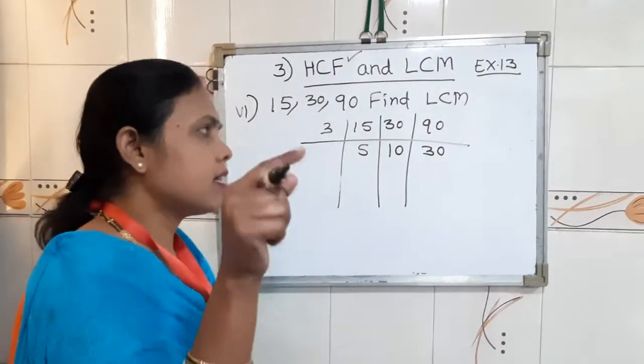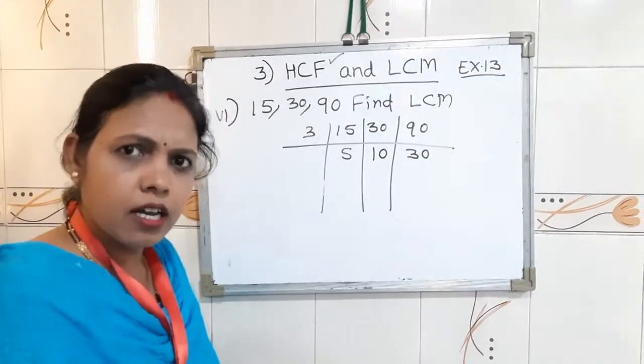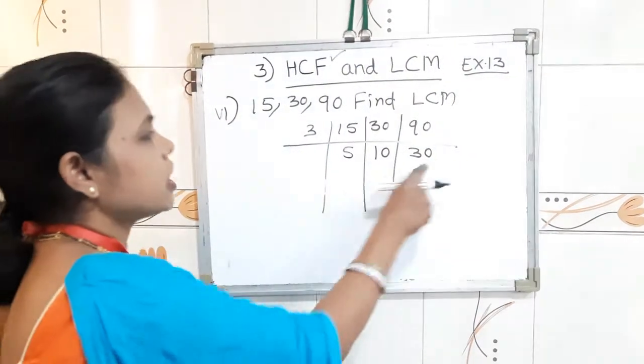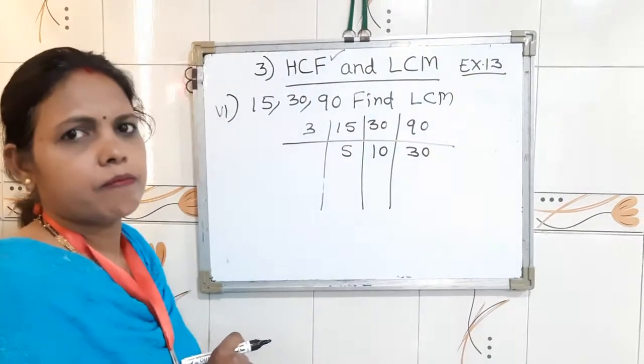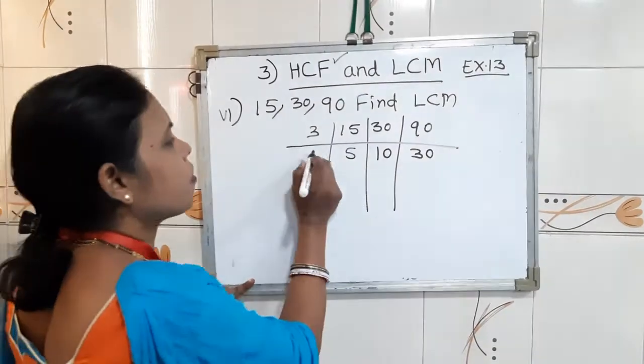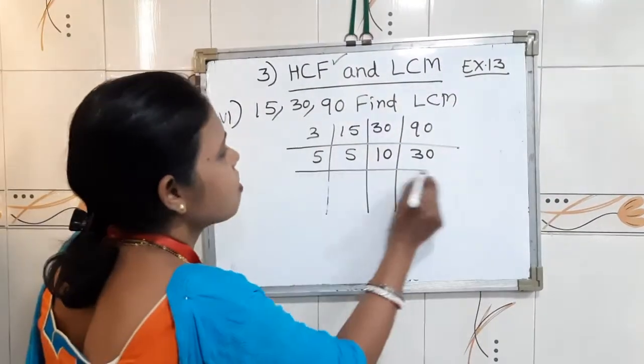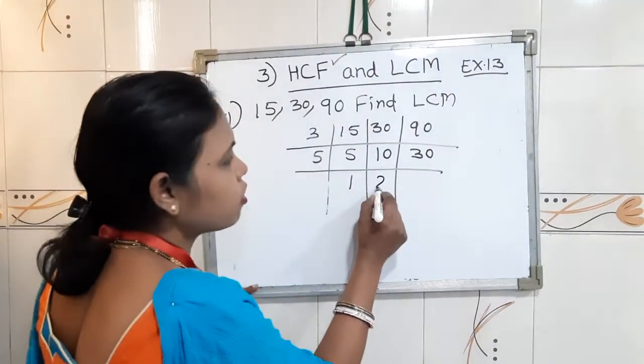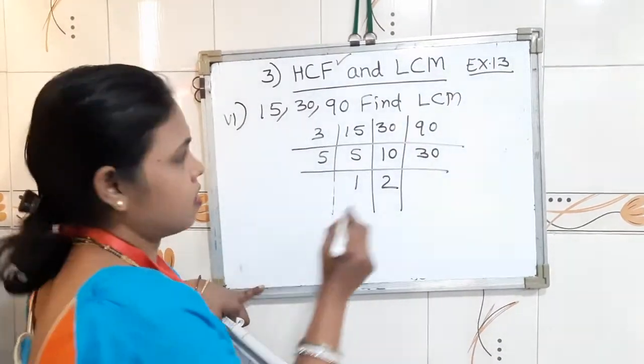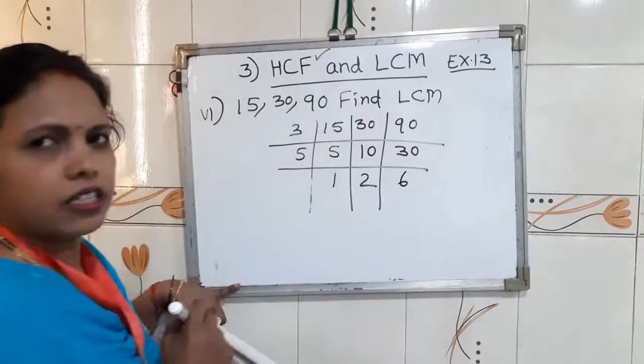Now we will select the next number by which all three numbers should divide. Which number will we prefer? We will prefer 5. Then 5 1s are 5, 5 2s are 10, 5 6s are 30.